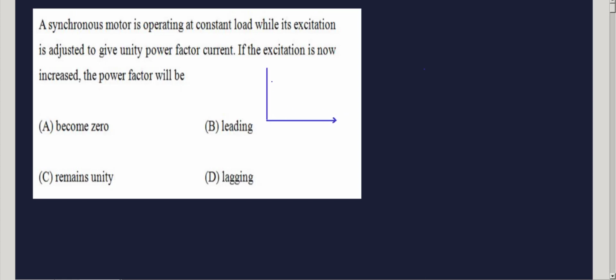So we know the V and inverted V curves. If I have field current here, the IA current varies like this. So this is a normal excitation. Here this is power factor.